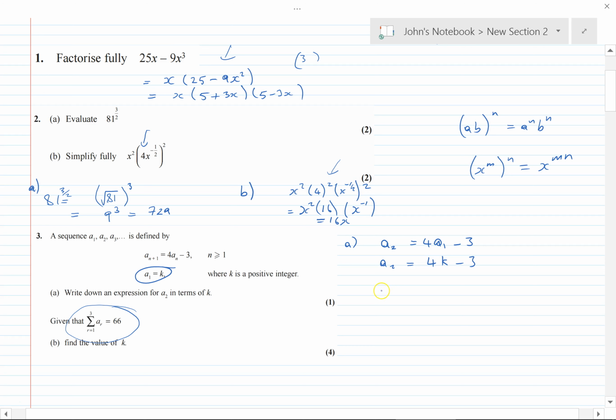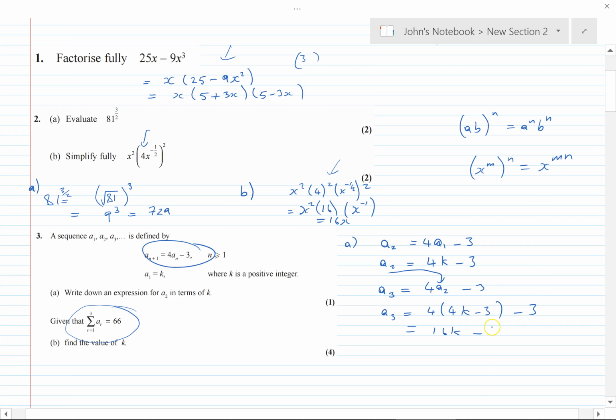Let's work out an expression for A3 now, because A3 will be equal to 4 times A2 minus 3, but A2 is equal to that. So A3 is equal to 4 times 4k minus 3, minus 3. So that's 16k minus 12 minus 3.